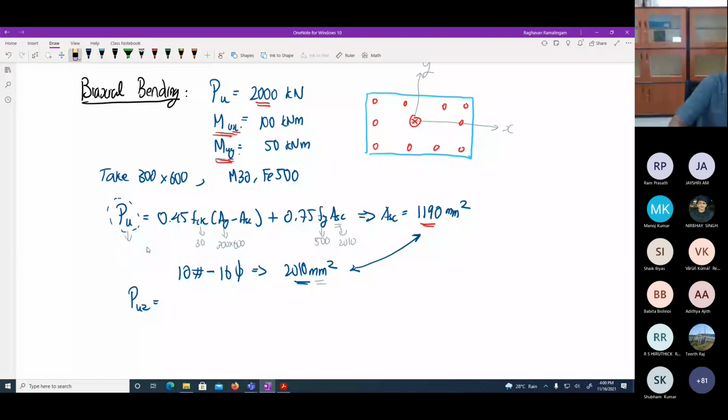Find out how much this comes. Actually, in many cases, you can avoid this step, directly assume the reinforcement and try this. But I didn't want to directly tell you that.